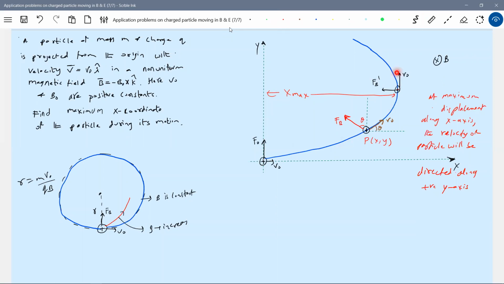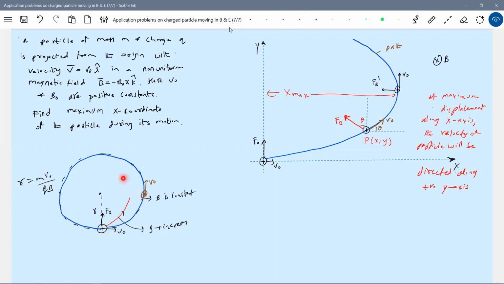Why will the charged particle move like this? That's what I'm trying to bring here. So let's assume that. If it is moving in a circular path, at one instant how will the velocity be? Here the velocity was along the x-axis. Now the velocity is along the y-axis.